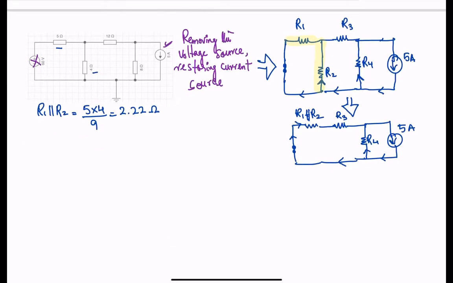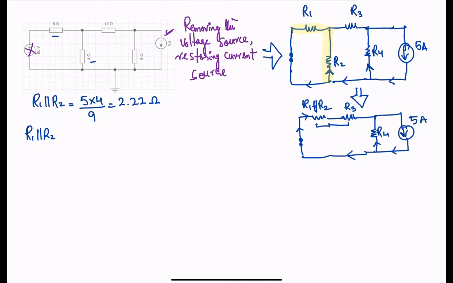Now the next thing we can do is add these two resistors, right? So R1 parallel to R2, and then we add R3, so we get what? 2.22 ohms plus R3, which is 12 ohms, so I get 14.22 ohms. Okay, if I further simplify the circuit, I get this.